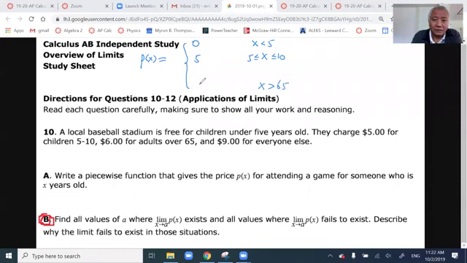And then that will be $6. But for anyone else, it will be what? x is greater than 10 and less than or equal to 65.